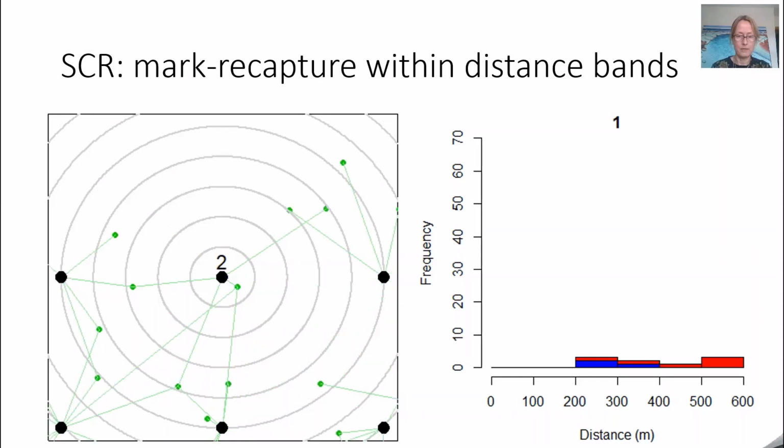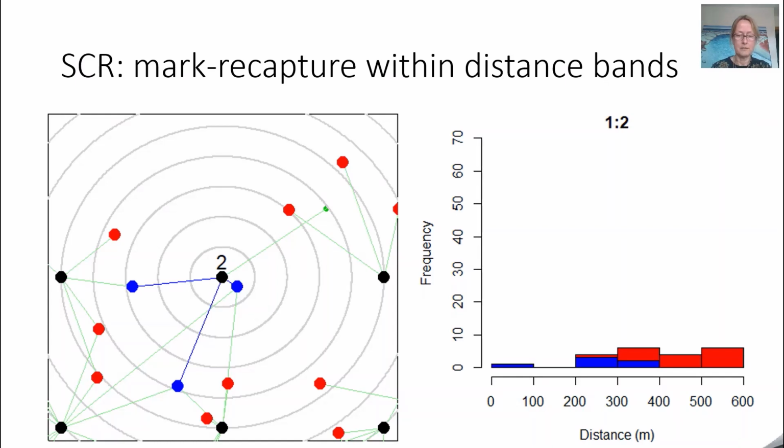Next, we'll look at it for detector 2. And again, we have 3 successes, 1 in the 1st distance bin, 1 in the 3rd distance bin, and 1 in the 4th. We have several more trials that were failures, marked by the red dots.